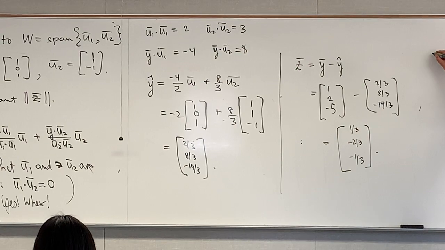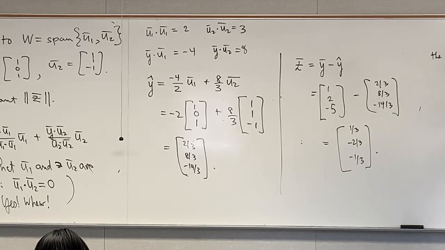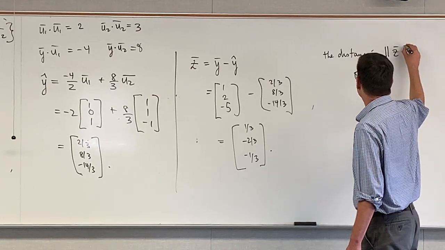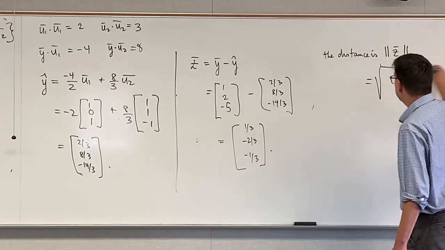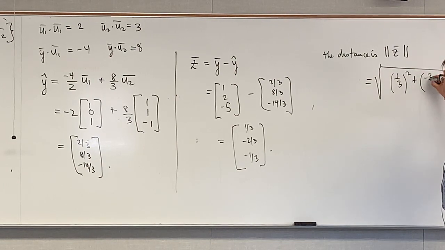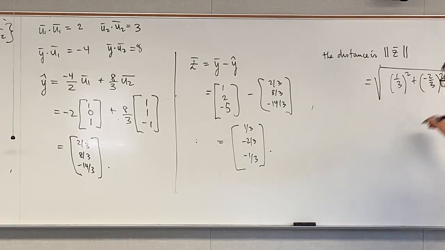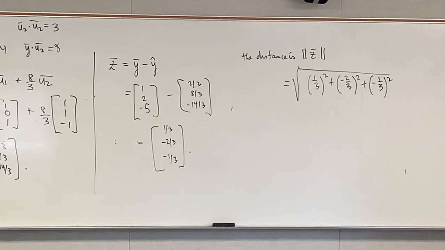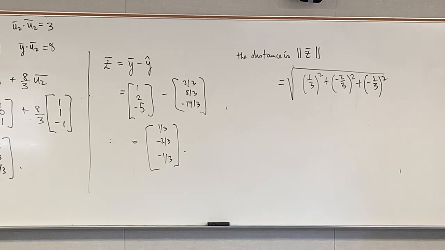We need the distance, which is the length of z, which is the square root of (1/3) squared plus (-2/3) squared plus (-1/3) squared. And I know my pre-calculus class would say, can we just leave it like that, Mr. P?